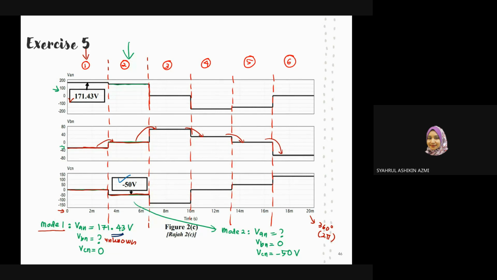How about VAN here? Is it 150? Is it 148? You are not sure, right? Since you are not sure, leave it as unknown. So VAN is unknown.